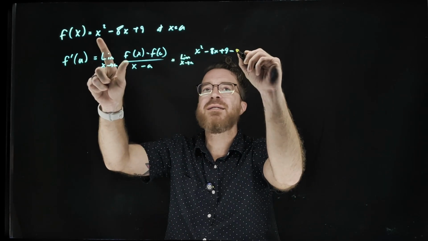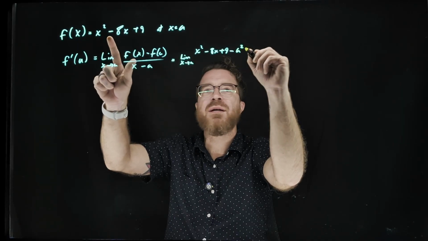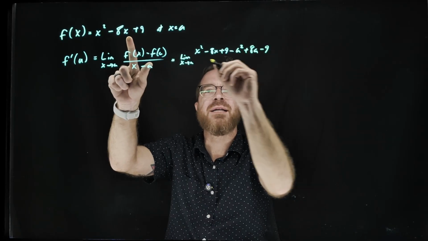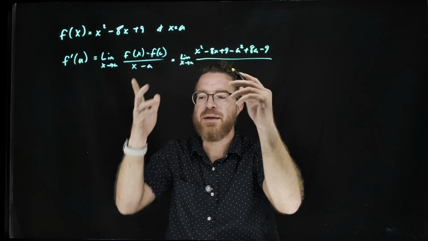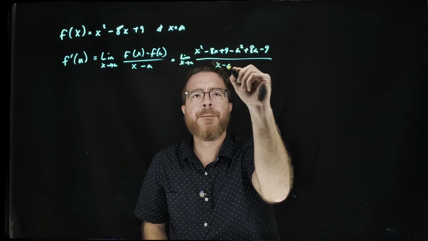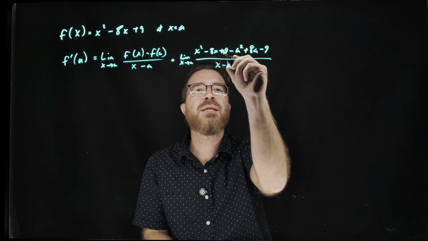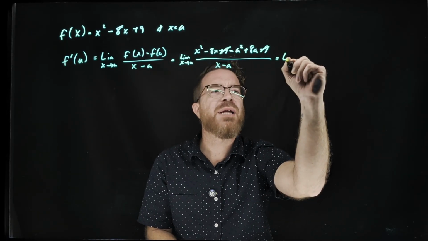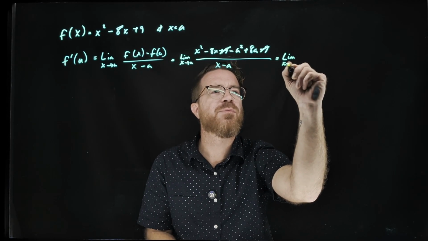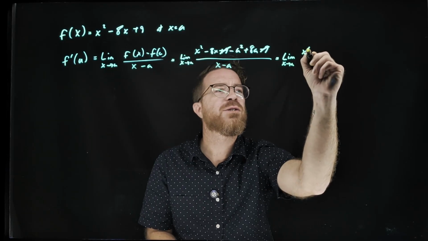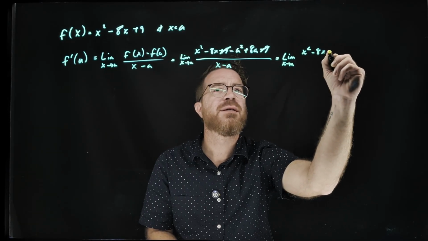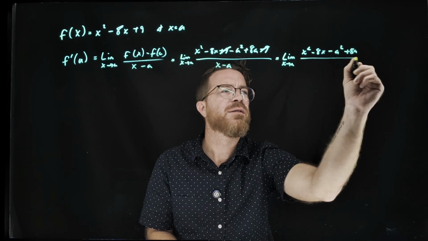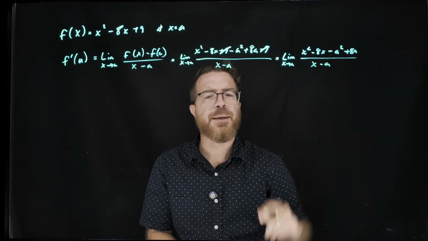So this is going to be minus a squared plus 8a minus 9 divided by x minus a. Looking at this, we have plus 9 and minus 9 that we can cancel. So rewriting this, we have the limit as x approaches a of x squared minus 8x minus a squared plus 8a divided by x minus a.